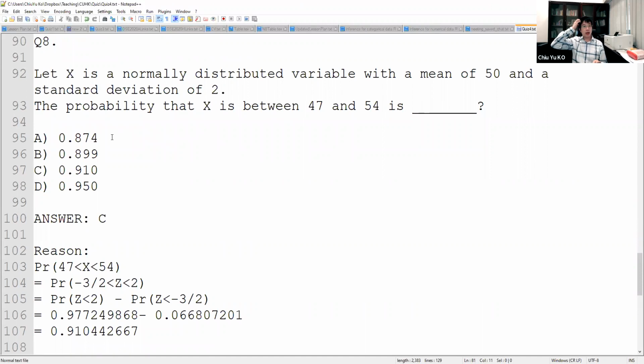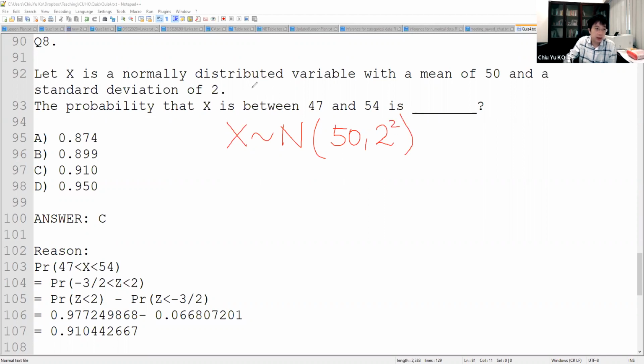So now we go to the next part, question 8. Question 8 is a rather simple question of normal distribution. X is normal with mean 50 and standard deviation 2, where sigma is 2 and sigma squared is 4.